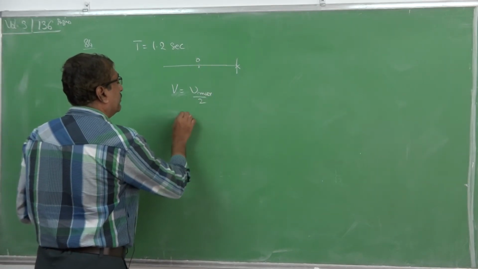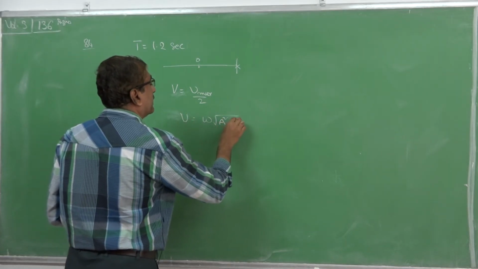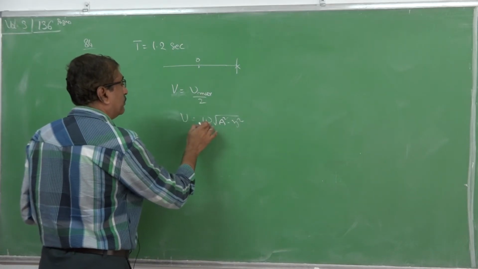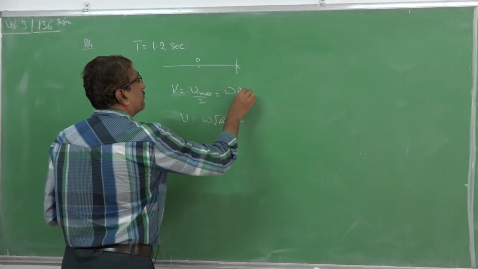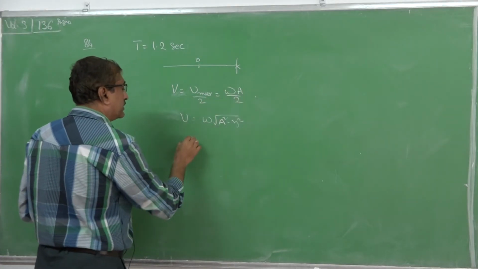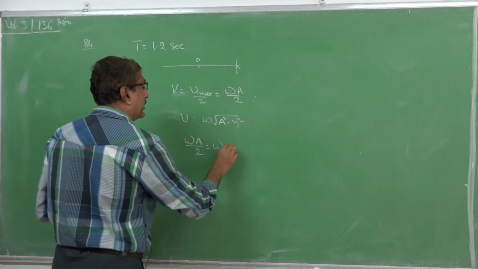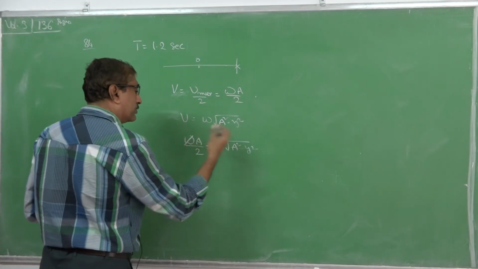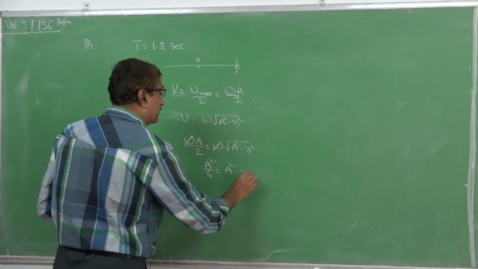So V is equal to omega square root of A square minus y square. It is given V is V max by 2, that is omega A by 2. So omega A by 2 is equal to omega into square root of A square minus y square. Squaring on both sides, A square by 4 is equal to A square minus y square.